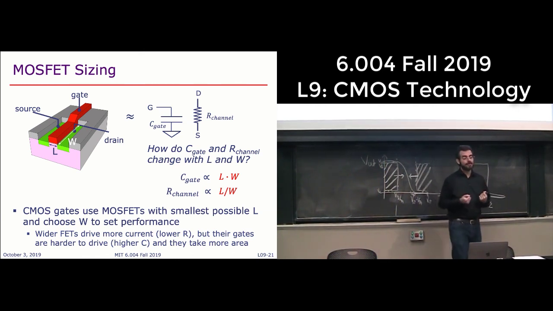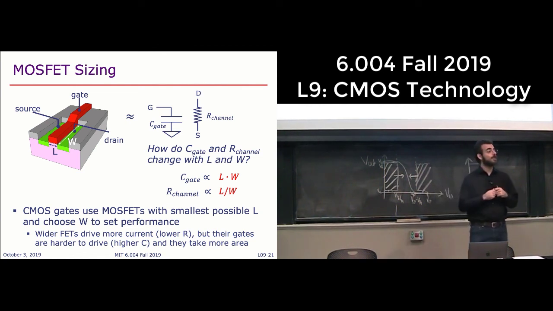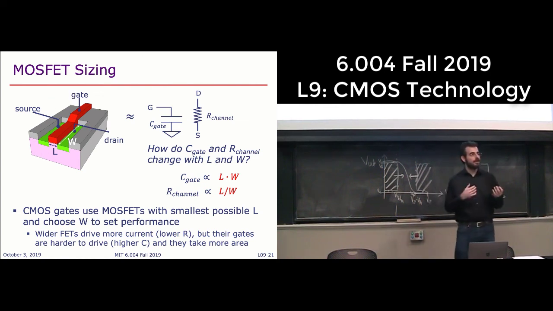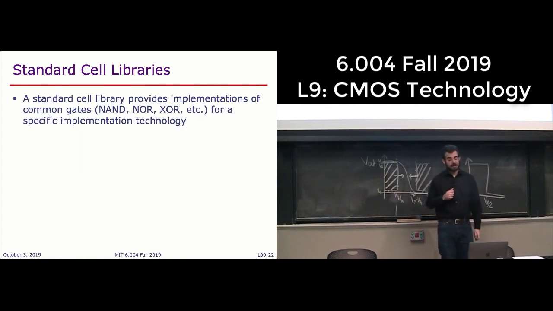Now in lab 4, what you'll see is that you'll have a new library that uses gates of different sizes. The synthesis tools will combine gates with transistors of different sizes to use the best possible combination to minimize delay.